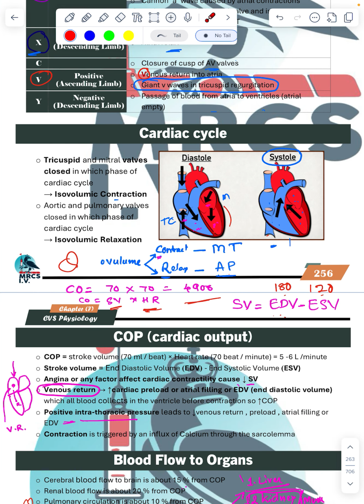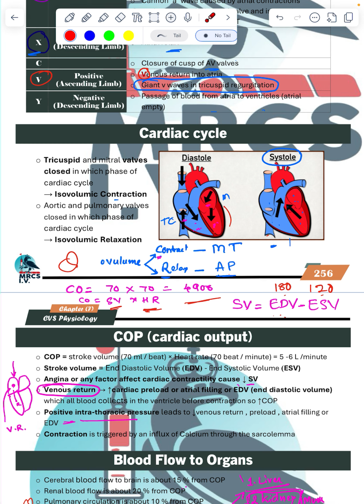How is the cardiac cycle? There is atrial contraction, and blood goes into both ventricles. The right ventricle pushes into the pulmonary artery, the left ventricle into the arch of aorta. So there has to be contraction, and this relaxes.